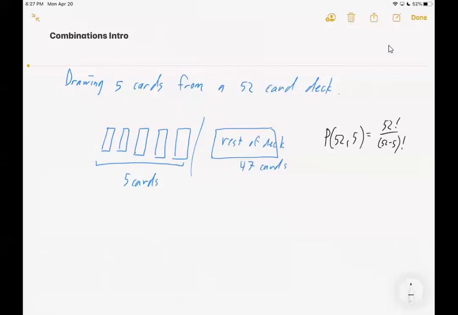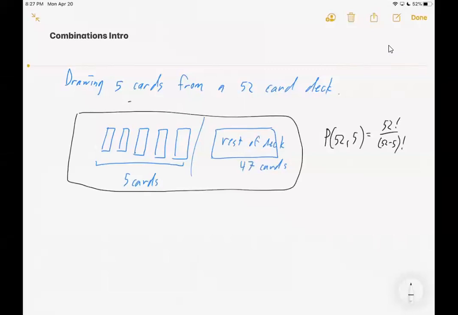And we said, okay, we have the entire stack, so there are 52 factorial ways to shuffle the deck. So that would be the whole deck, and that gives us our numerator.